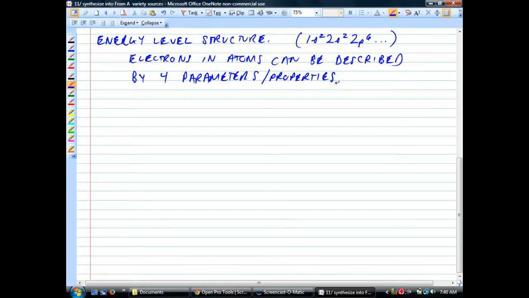In other words, if you were an electron in an atom, there would be 4 things about you that mattered, and only 4. All right? So the first of those 4 is called the principal energy level.